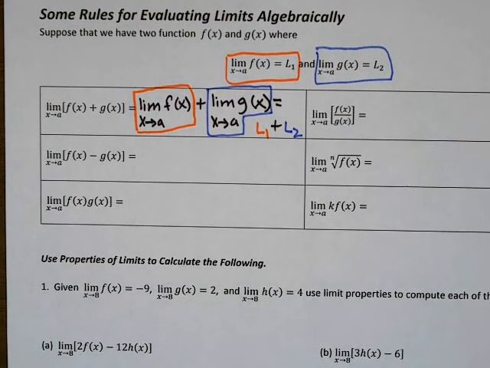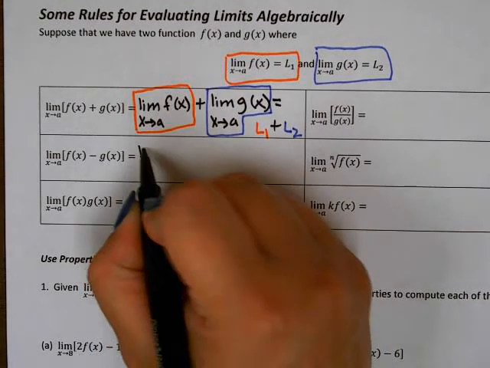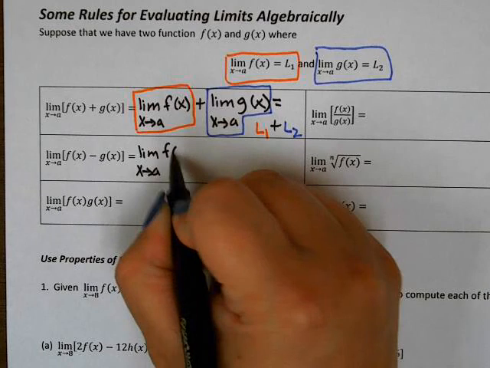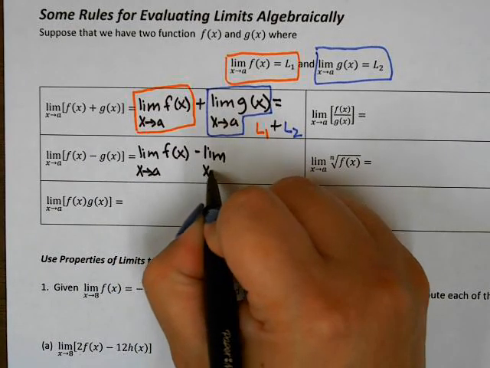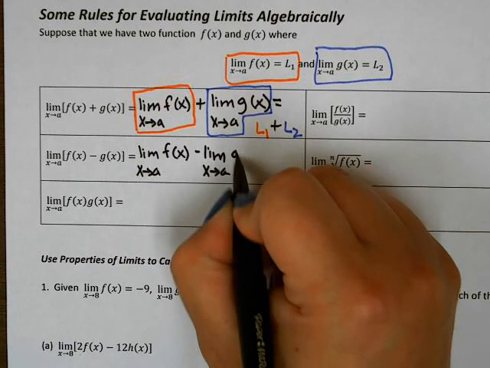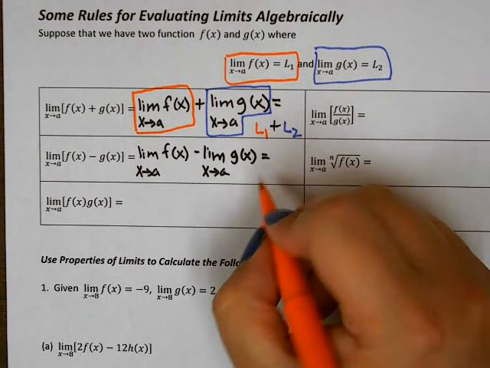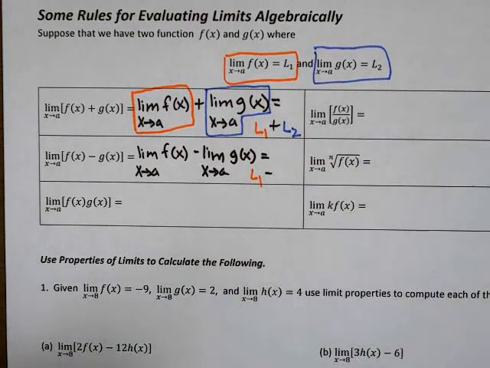Okay? The same thing is true for subtraction. So I can write this as the limit as x approaches a of f of x minus the limit as x approaches a of g of x, which means this simplifies down to L1 minus L2.